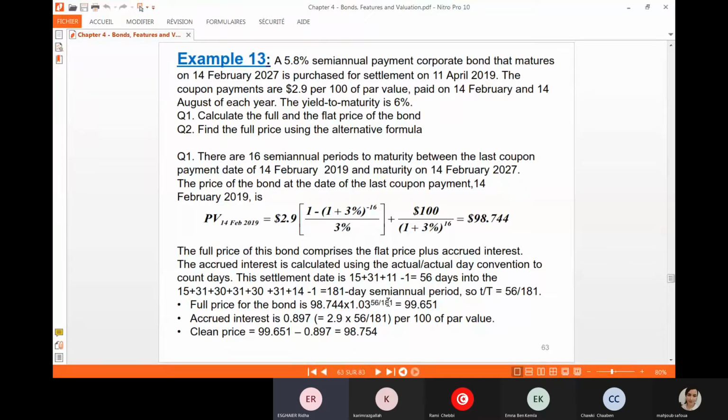You get a full price of $99.651. The accrued interest is the interest for 56 days, which is simply 2.9 over 181 to get the interest for 1 day multiplied by 56. Subtracted from the full price, you get the clean price.